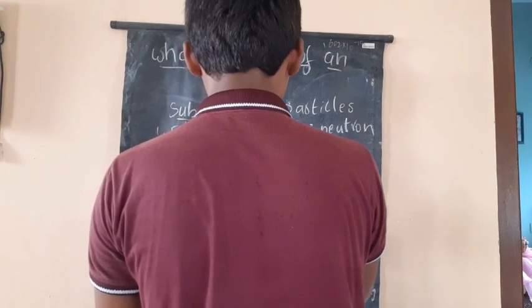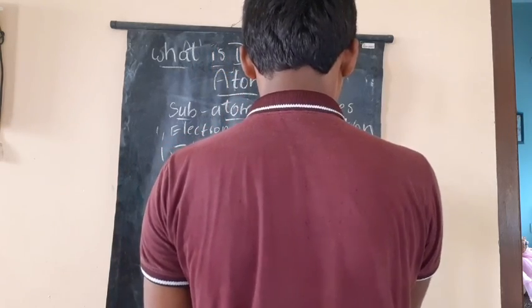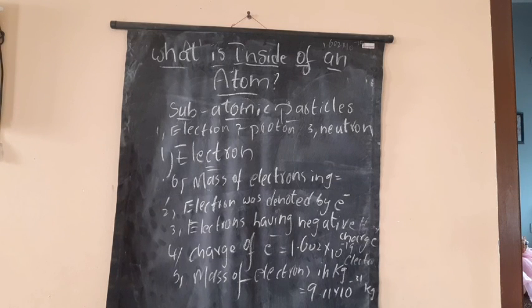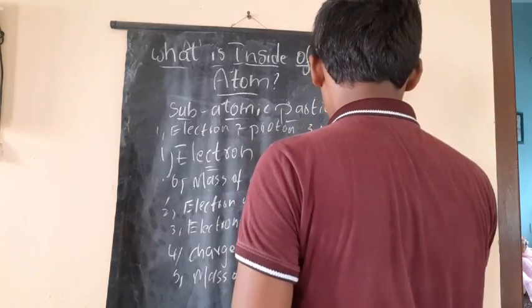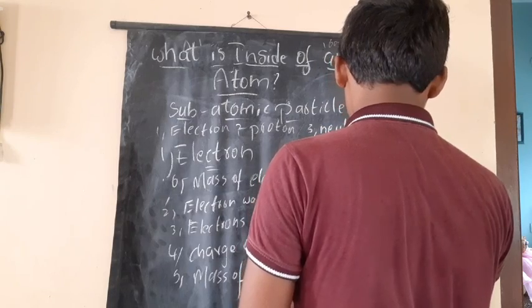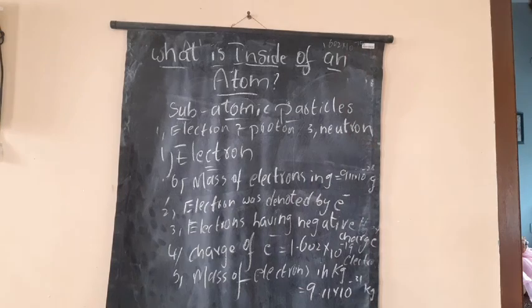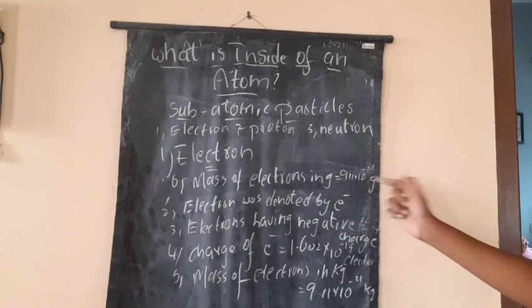Mass of electron in grams is equal to 9.11 into 10 to the power of minus 28 grams. This is the mass of electron in grams.